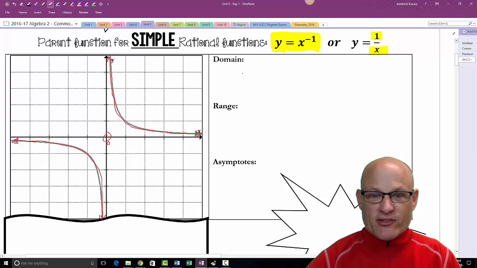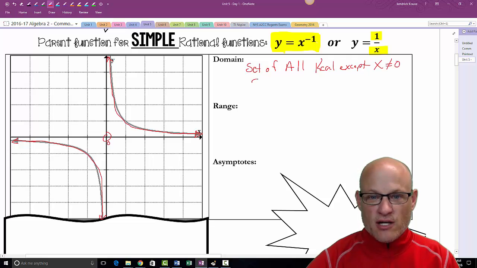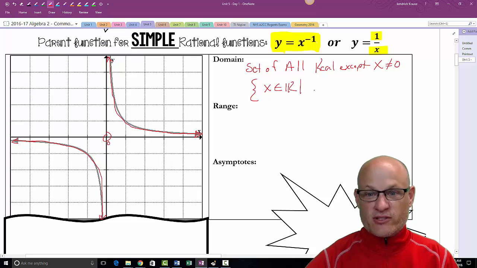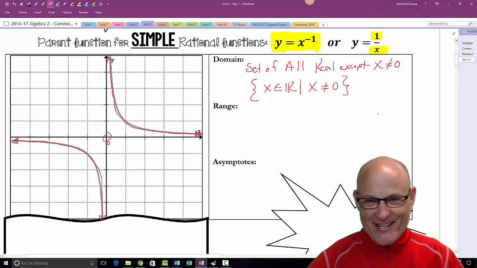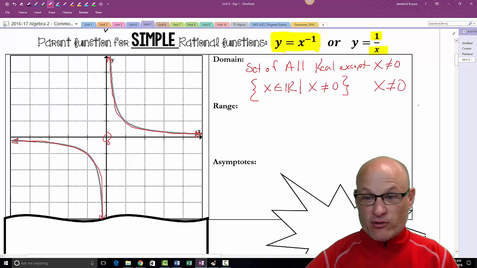So the domain is the set of all reals. How about this? The set of all reals except x cannot equal 0. Or, let's write it nicely. x is in the set of all reals such that x cannot equal 0. Oh yeah, set builder notation. You probably also could have written just that x can't equal 0. That would be too easy though.